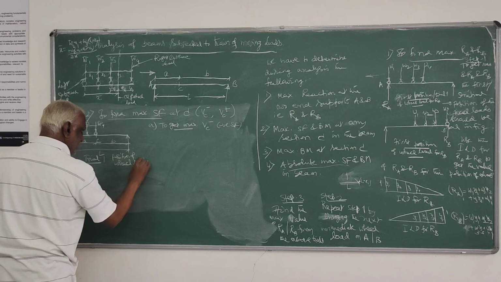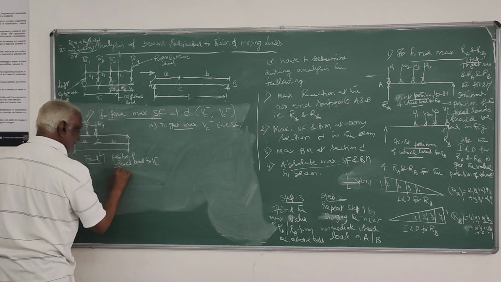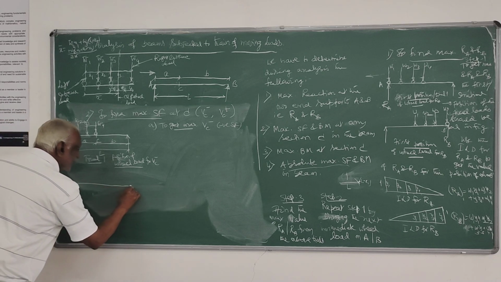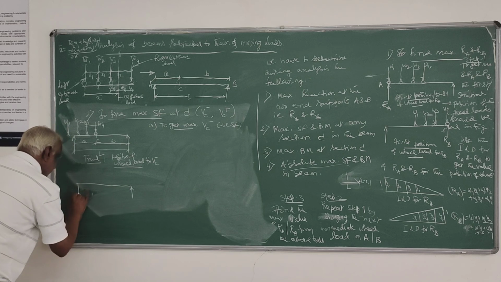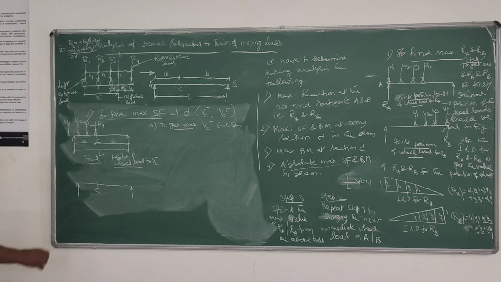Wheel loads for BC negative. You have to place the wheel load like this, and to get maximum positive shear at C, it's the other way, as you have seen in UDL shorter than span.